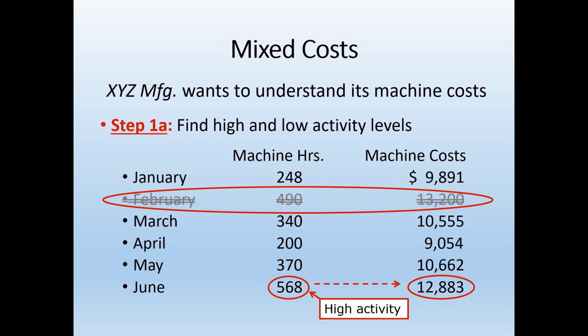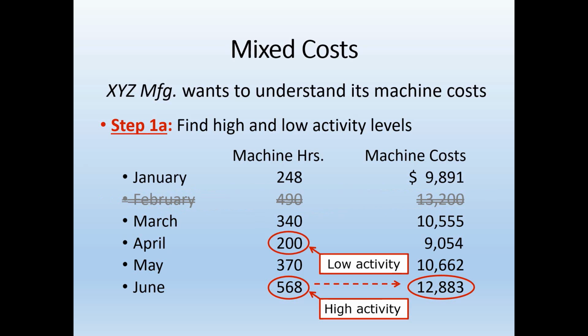So we disregard February and stick with June because it has the highest activity level. April has the lowest activity level and also the lowest machine costs, as shown here. Once we have the high point and the low point, we can disregard all of the other months.